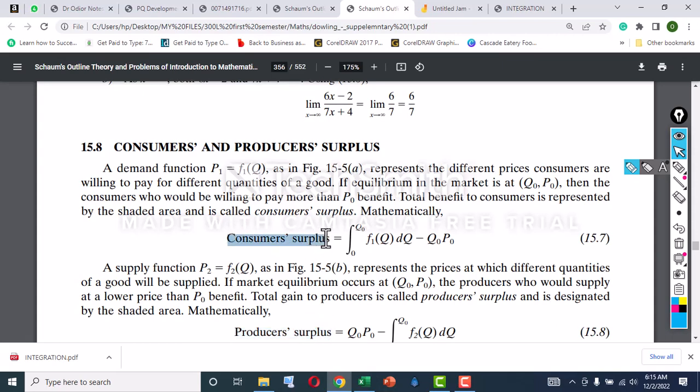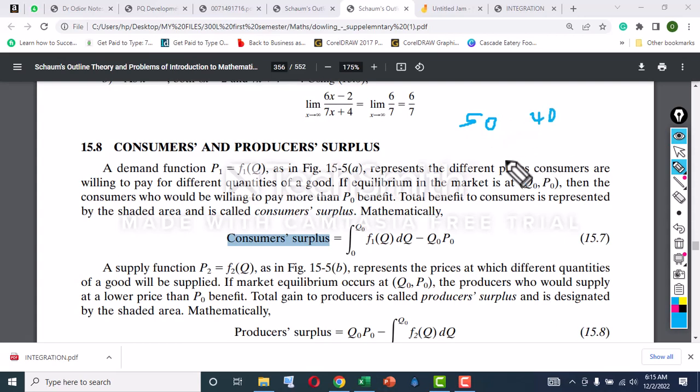Consumer surplus is the difference between the price a consumer is willing and expecting to pay for a good and the amount he actually pays. I'm ready to pay 50 naira for a particular good, but as I go to the market, I realize the person is selling for 40 naira.